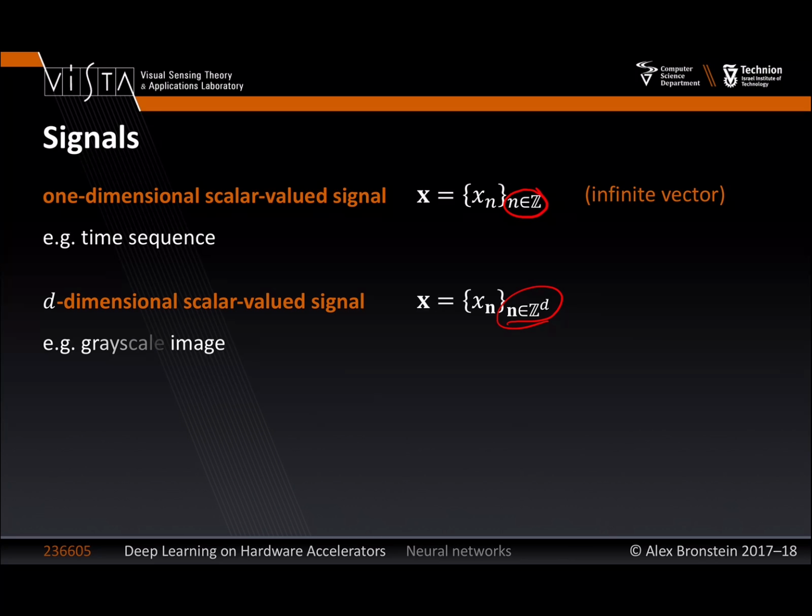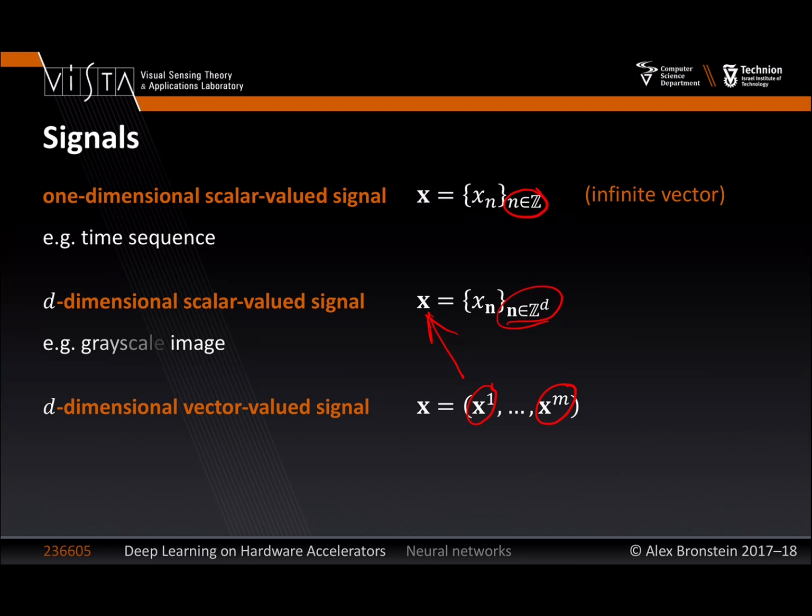And I can think of a d-dimensional vector-valued signal. In this case, my signal will be a vector, and every element is an object like this. So I can think of a signal having m channels, and every channel is a d-dimensional scalar valued signal.